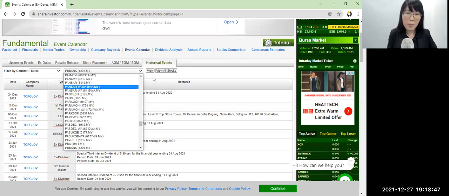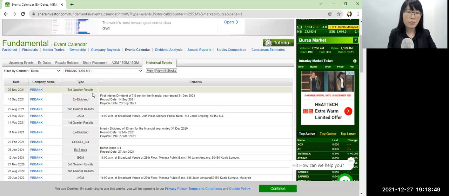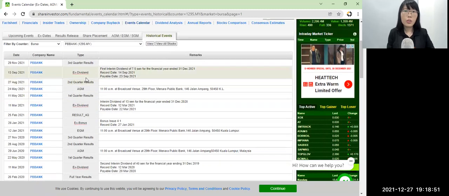Let us go to Public Bank. Based on this, you can see that on 13th of September 2021, Public Bank gave its first interim dividend of 7.5 cents.